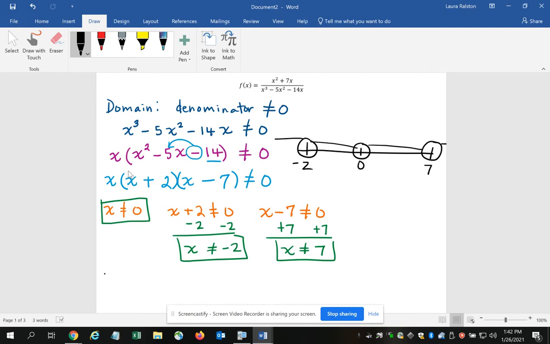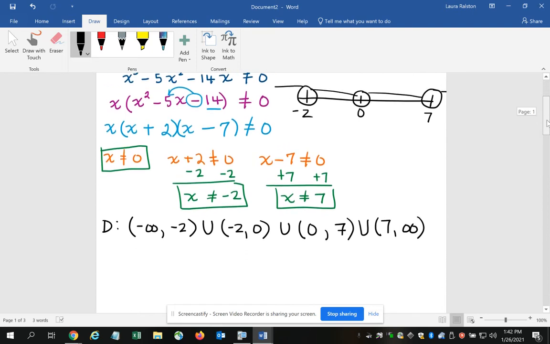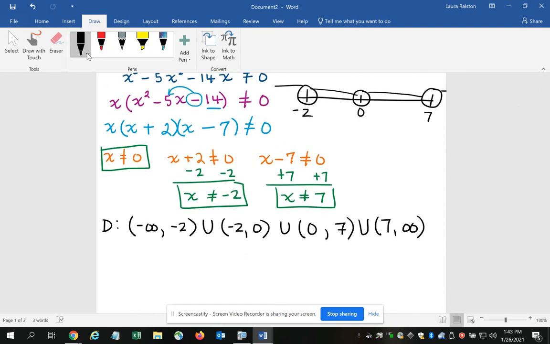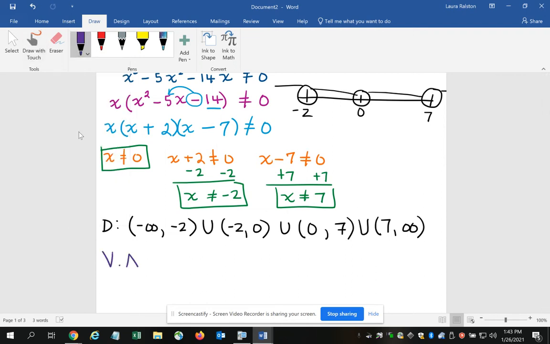So my domain is going to have several pieces: from -infinity to -2, step over the hole, from -2 to 0, step over the hole, from 0 to 7, step over the hole, from 7 to +infinity. And again, while finding the restrictions on the domain, I have found the vertical asymptotes.